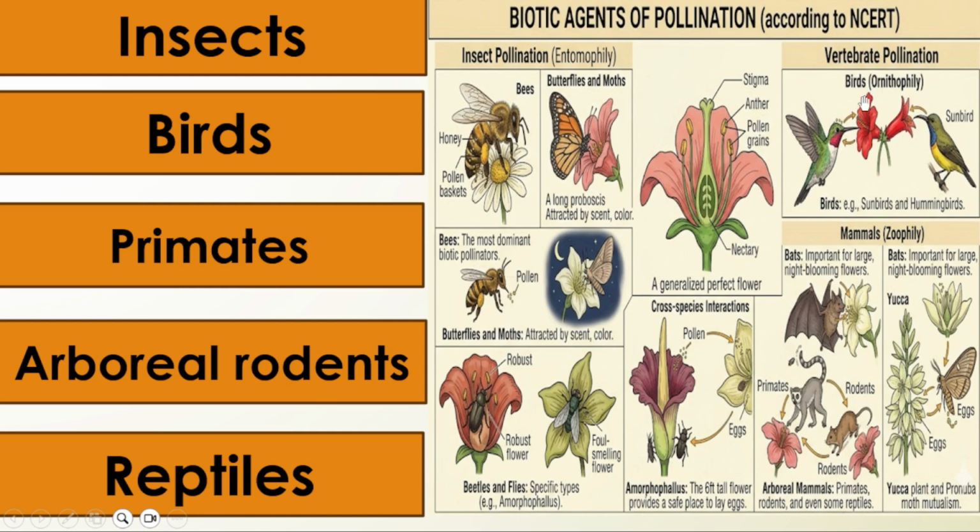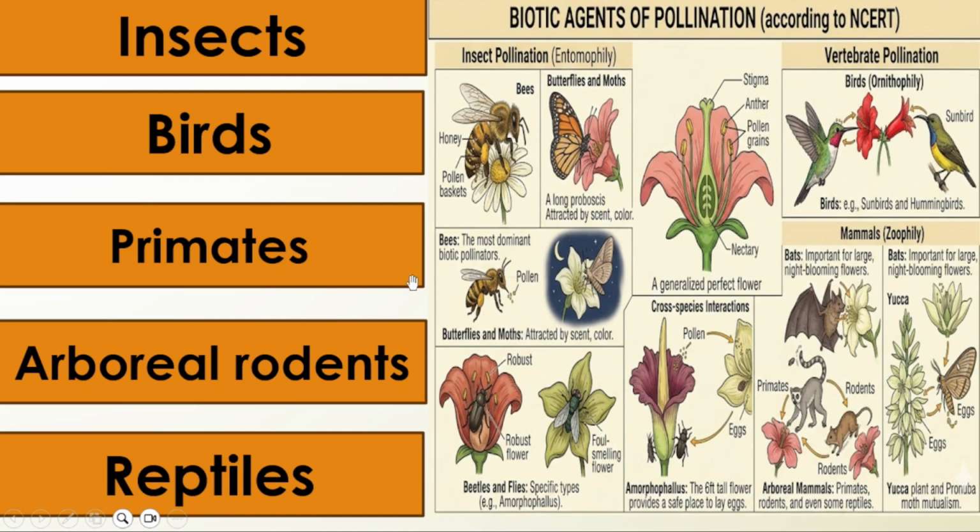If pollination takes place with the help of birds, it is called ornithophily. If pollination takes place with the help of insects, it is called entomophily. Examples of birds are the sunbird and the hummingbird. This is the sunbird and this one is the hummingbird.